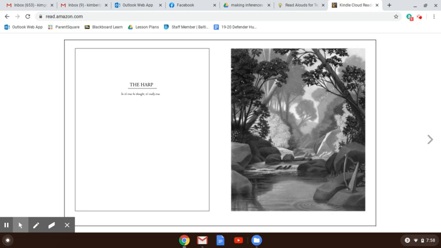The harp. So it's true, he thought. It's really true. What's your inference for this illustration?